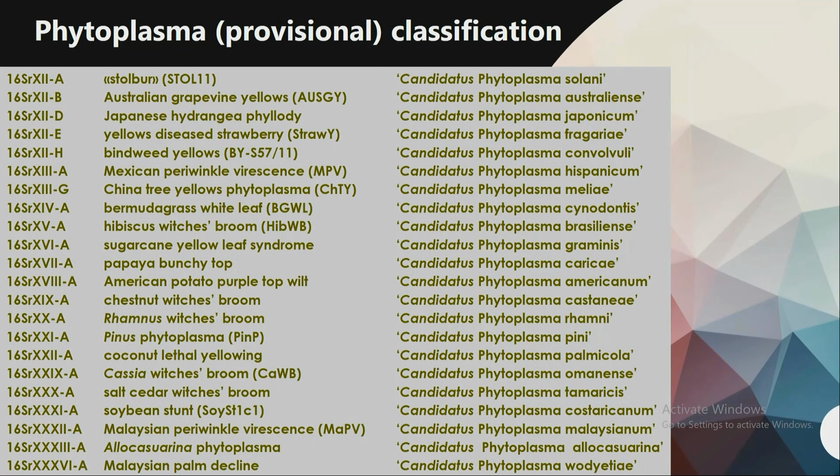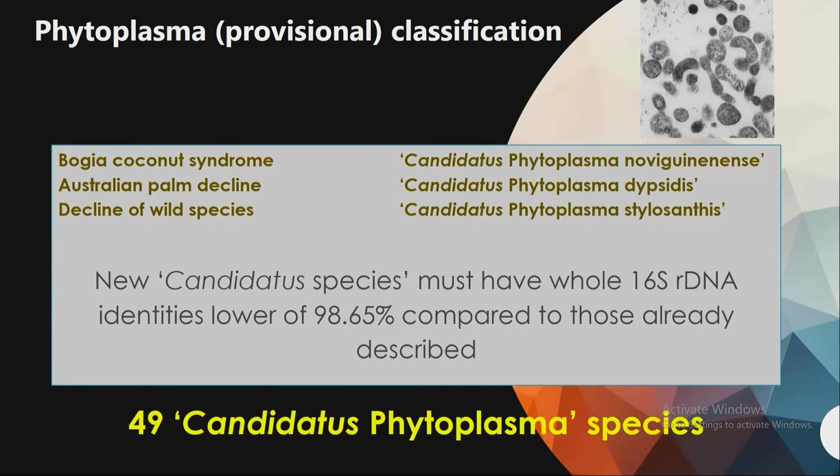This is the remaining list made in the same way, the Candidatus Phytoplasma and the ribosomal group. In the middle is the name of the main disease for which this phytoplasma was detected and identified. On the top of this, there are 3 Candidatus published in Australia, one in Papua New Guinea, for which there is no correspondence with any ribosomal group.